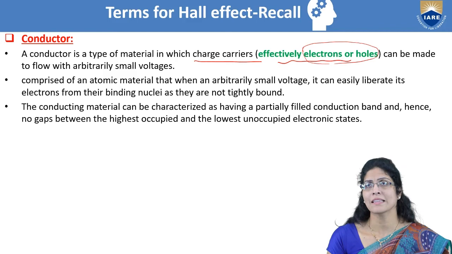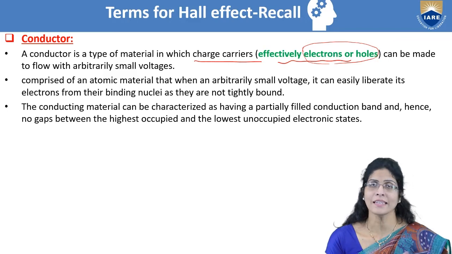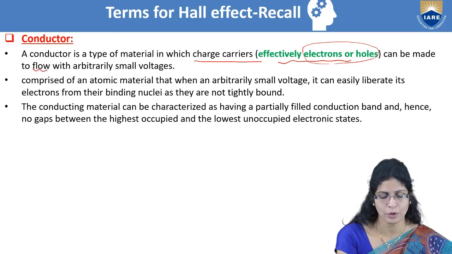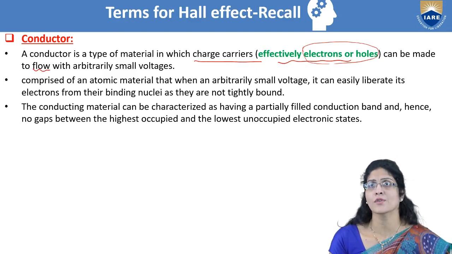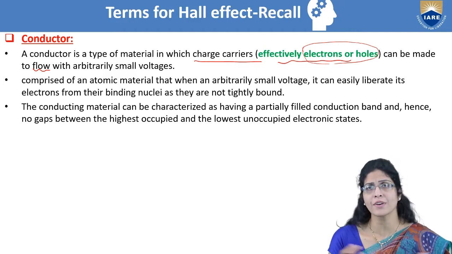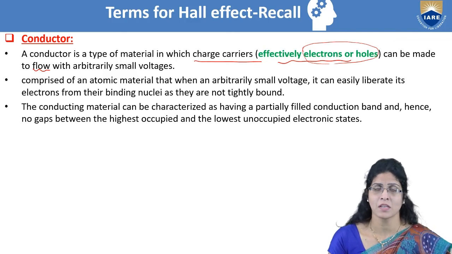Overcoming this and breaking the bonds, they are able to get the energy and flow. So that's what is revised here: in an atomic material, when an arbitrarily small voltage is applied, it can liberate its electrons from the binding nucleus as they are not tightly bound. That is the inherent nature of the atoms in the conductor.